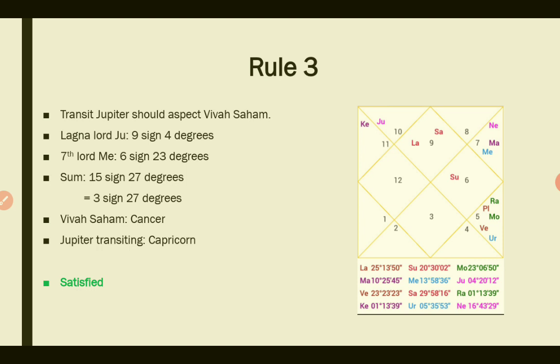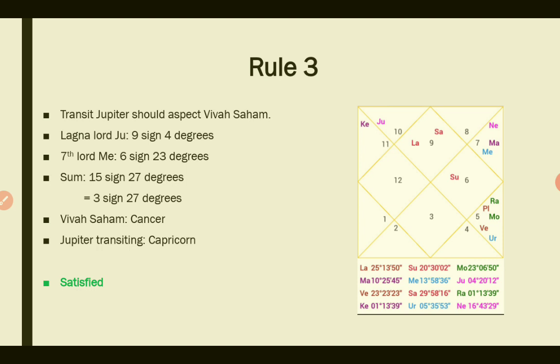For the current native, the Lagna Lord Jupiter is placed at 4 degrees of Capricorn. Taking 0 degrees of Aries as the reference point, Jupiter has travelled 9 signs and 4 degrees.